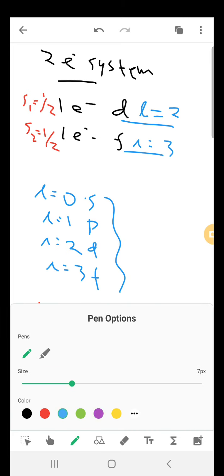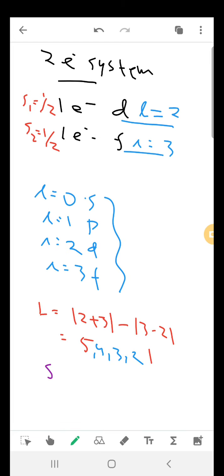Similarly, we will have values of S as the vectorial addition of S1 plus S2. So it will be half and half, so it will be either 1 or 0. So we will have L and S values. For each L value, we will take up both the S values.